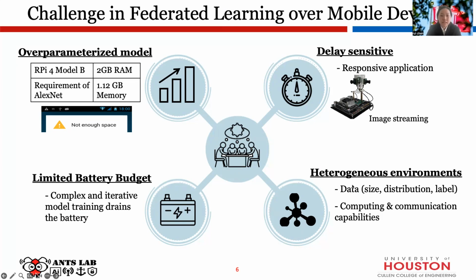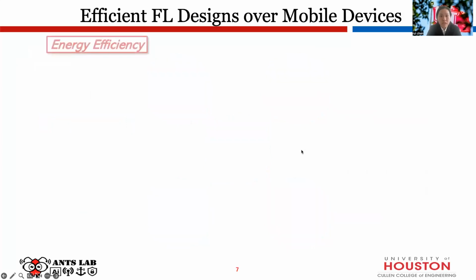Those system and data heterogeneities have a negative impact on the training process and may slow down the entire training. Hence, it incurs more training time and more energy consumption. So there is an urgent need for a fast and power-efficient federated learning design over mobile devices to fully unleash the potential of federated learning.